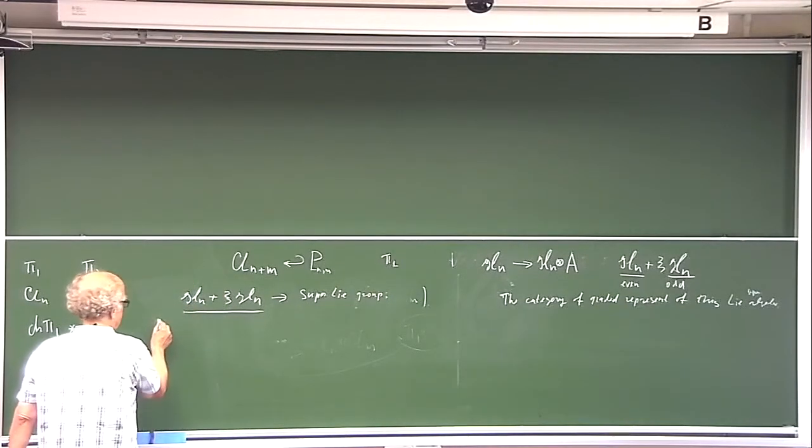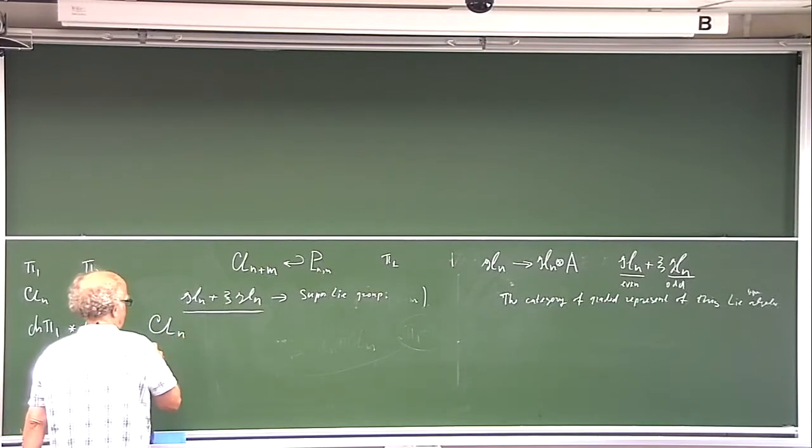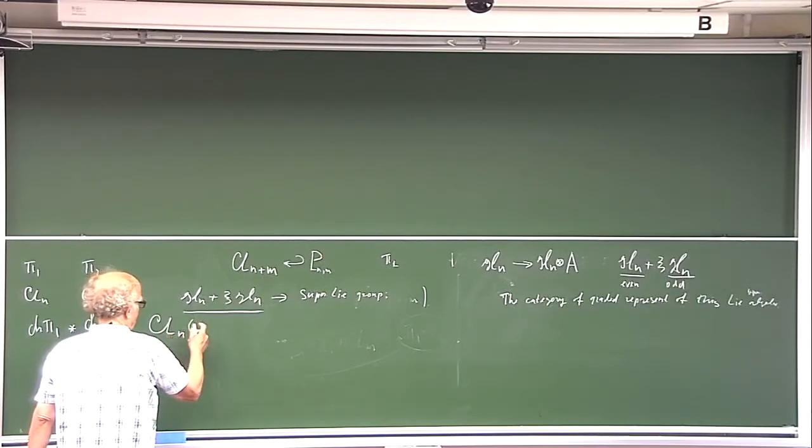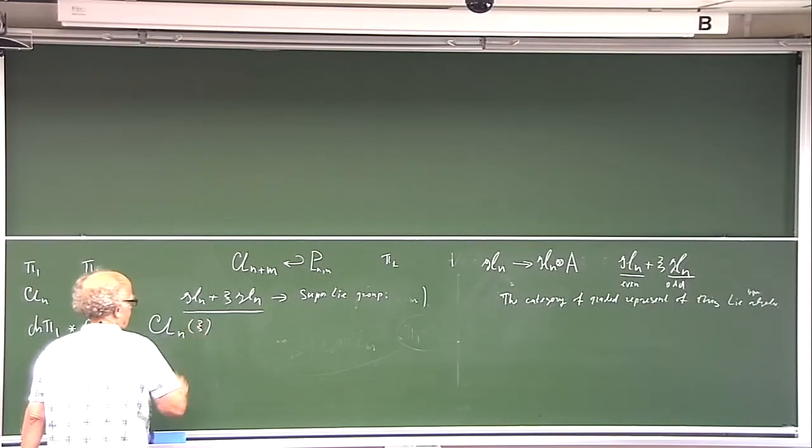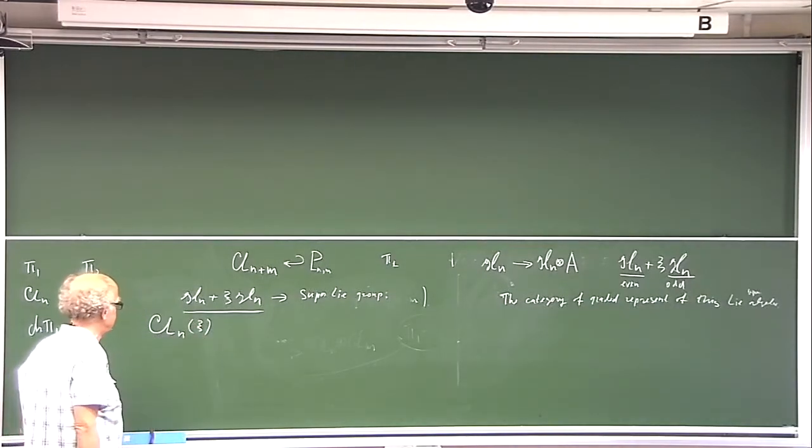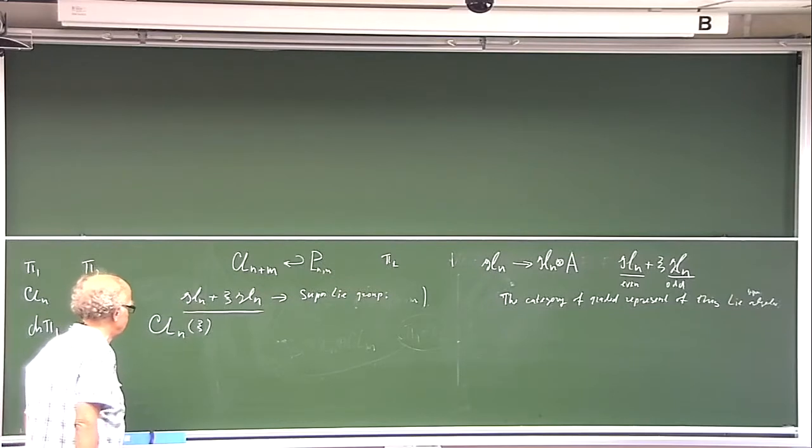I have the group Jn, but now let us put some symbol here. It is a super group, but it is over psi. It is bad notation, but maybe it will be like this.